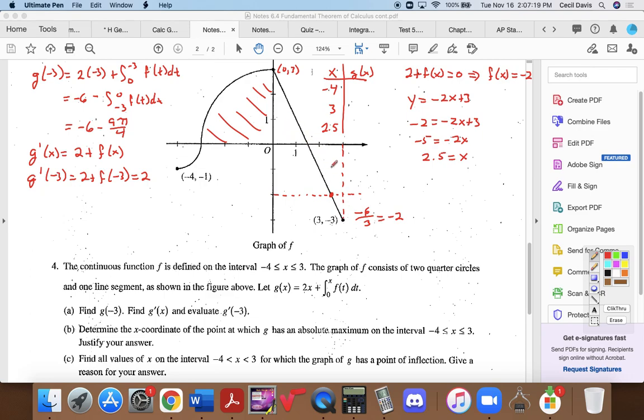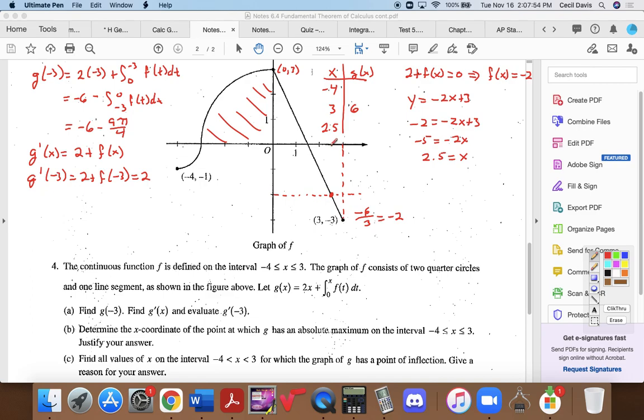The integral from 0 to 3 of f of x dx is 0 because these two areas are identical. Plus the 2 times 3 makes that 6. Okay? All right.